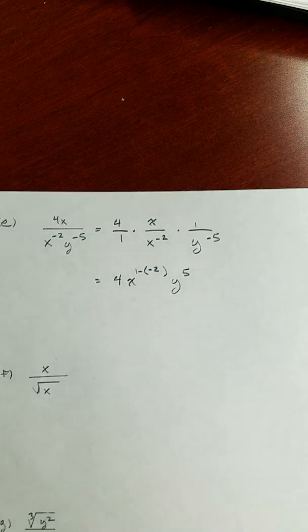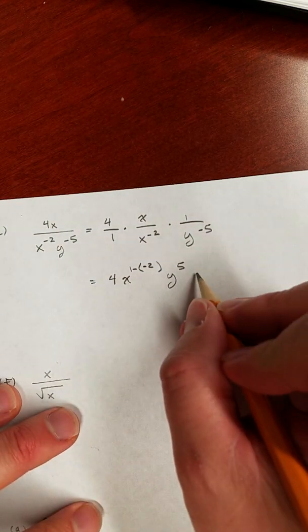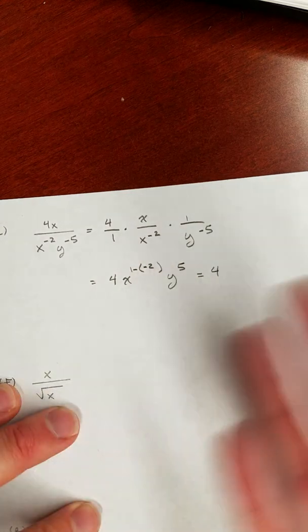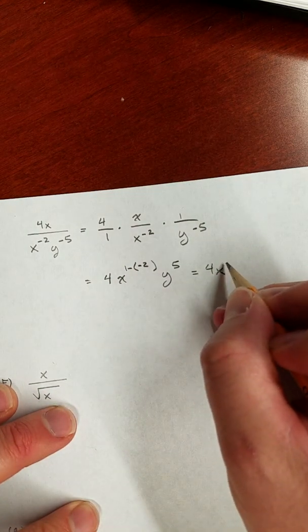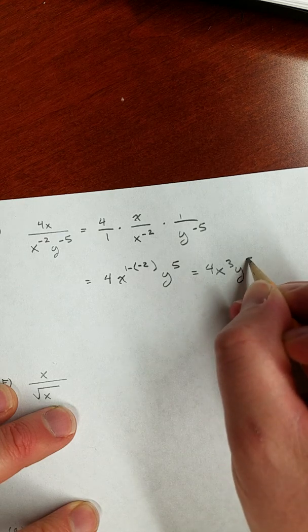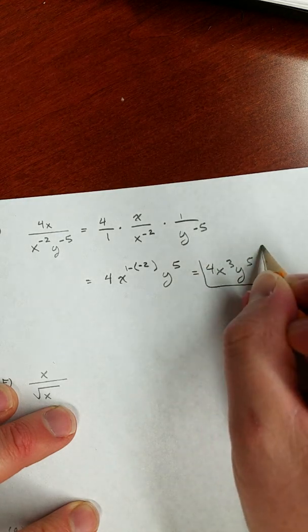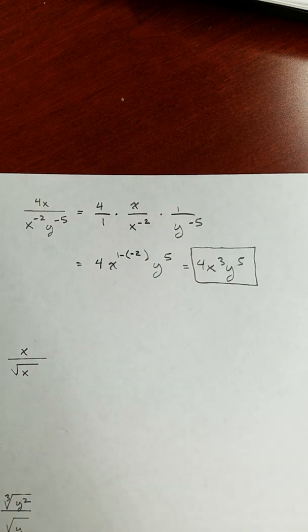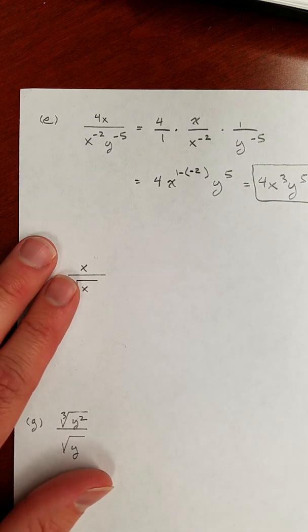That's what negative exponents mean, so I can do that. Well, what am I going to get then? 4, okay. 1 minus negative 2, that's 1 plus 2, that's 3, so x to the 3rd power, and then y to the 5th. All right. So then I'm using the same rules, but I'm trying to be flexible about it. All right. Okay. All right, now this one.